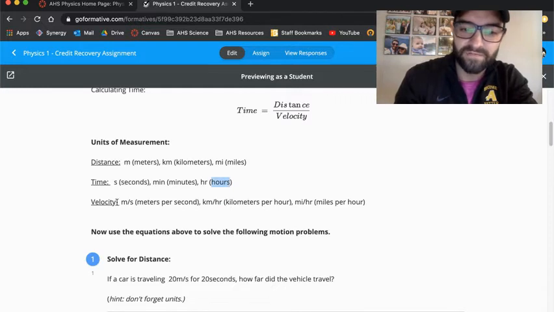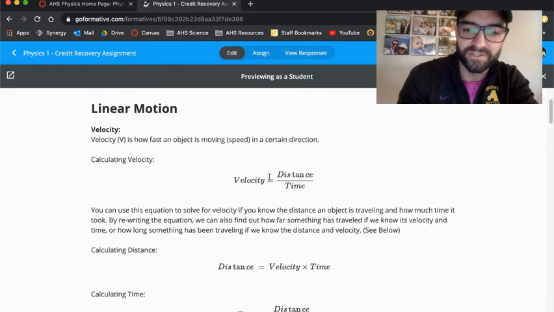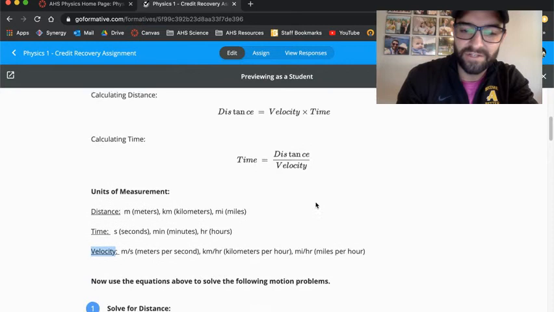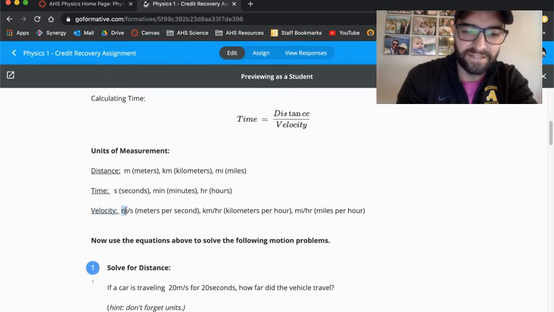And then you'll see with the velocity that it actually has 2 units. So again, our velocity equation was distance divided by time. And that's how the units are going to be written. So you have a distance, meters, divided by seconds, which is your time. And then the way we say that is this object is traveling at meters per second.